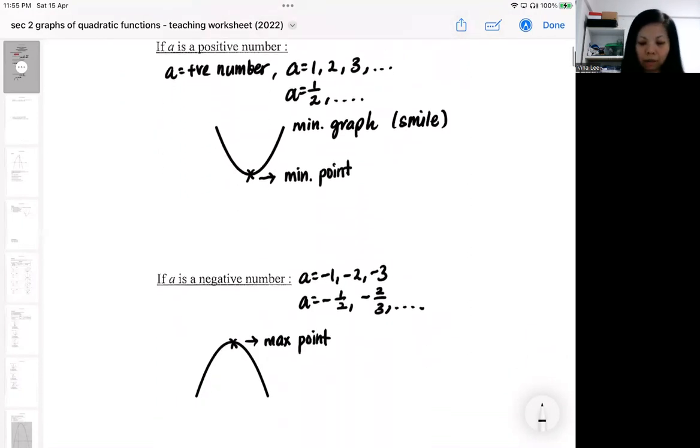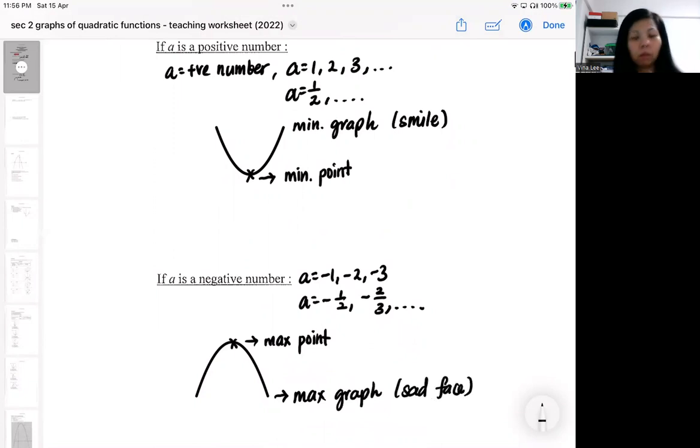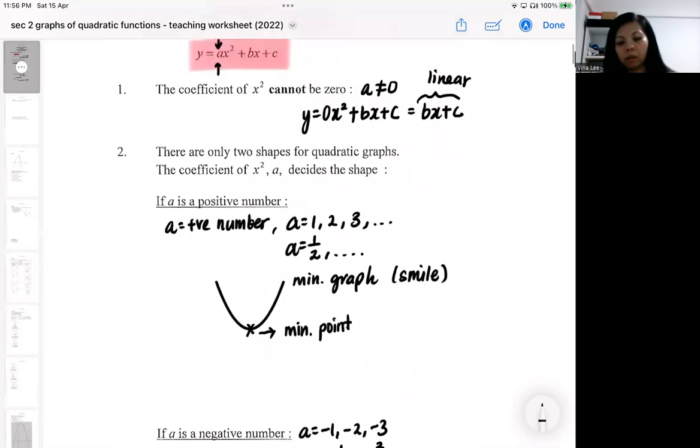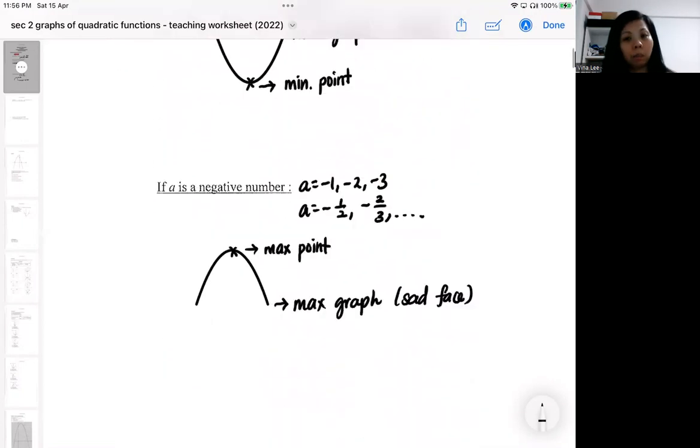If a is a negative value, it will be a maximum graph, so sometimes we call it a sad face graph. There are only two shapes. It's really not very confusing, when you have a smile graph and when you have a sad face graph. That will be one of the important things.